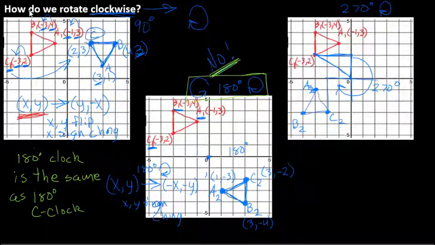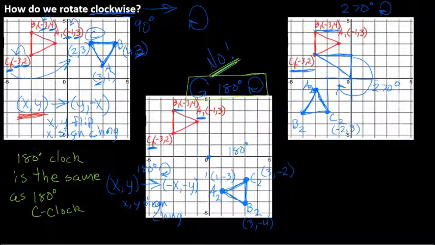Okay, so what is our numerical pattern this time? Well, let's look at the C's. We've got -3 by +2. Now I've got -2 by +3. What about B? I went from -3 by 4.